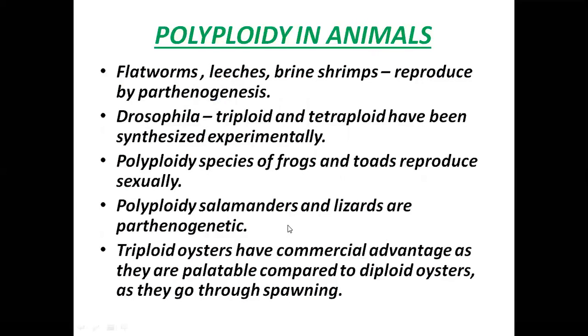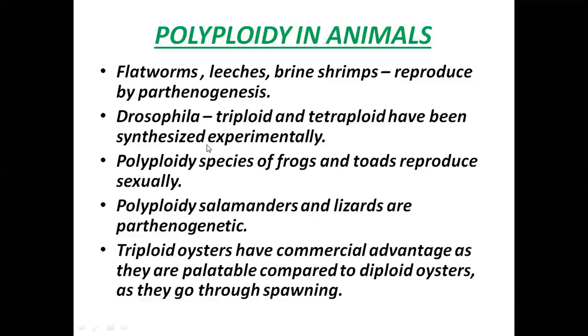Then polyploidy in animals. Polyploidy is more common in plants than in animals, but there are some naturally occurring polyploid animals. Polyploid species of flatworms, leeches, and brine shrimps reproduce by parthenogenesis. Polyploid species like triploid and tetraploid Drosophila have been synthesized experimentally.